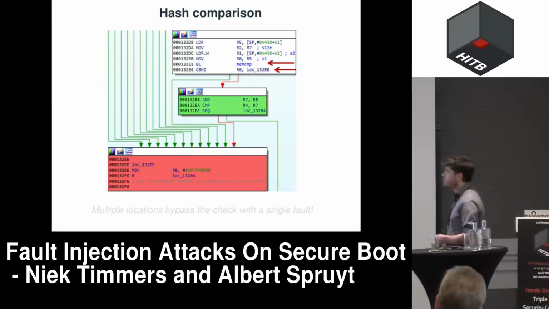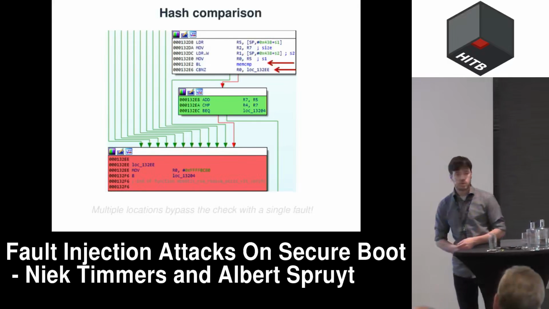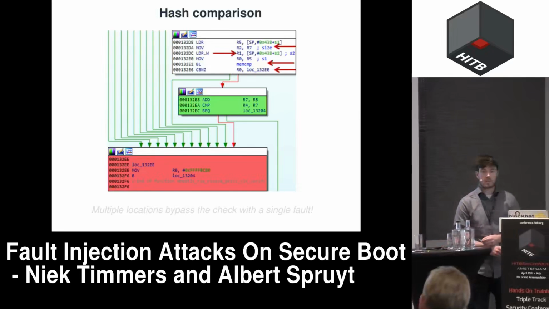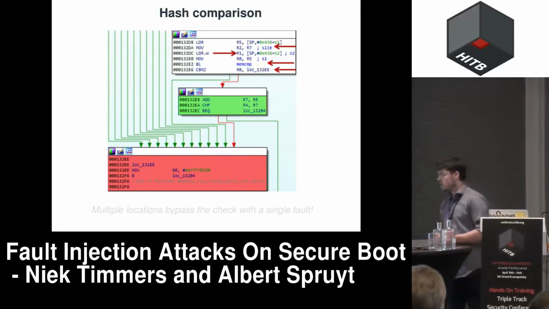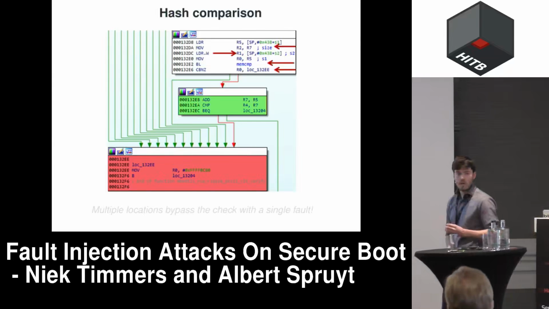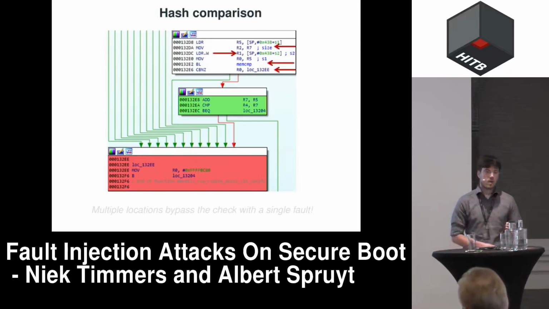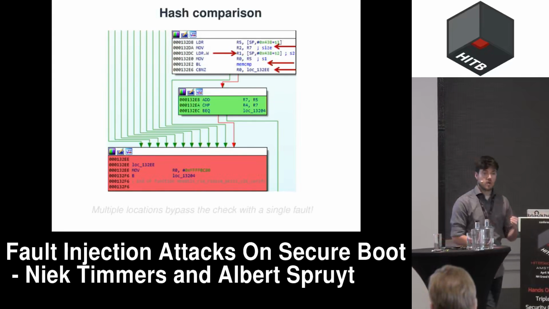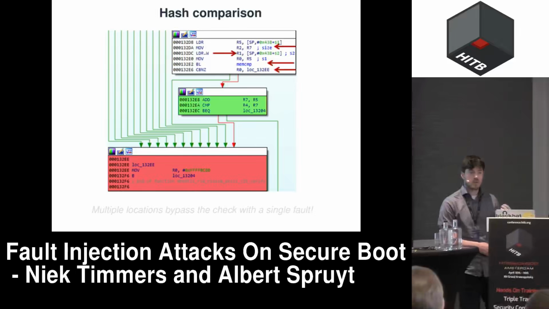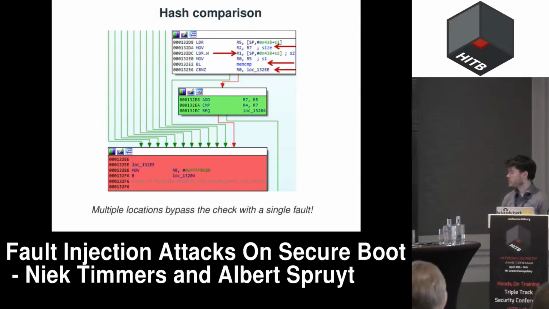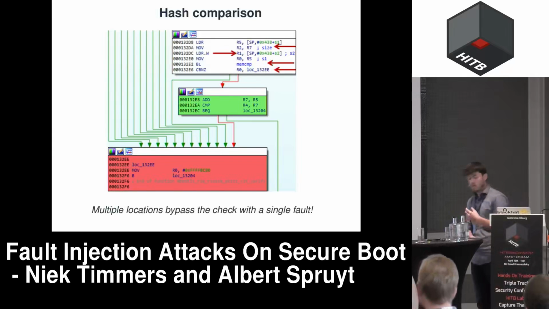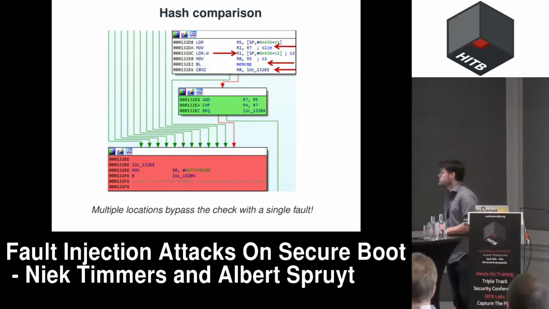Perhaps we could have an influence on the conditional branch instruction. Or perhaps we could do any of a number of other options. And what we see here is that when we have a single line of C code, and when we compile it, we actually get a number of places where a single fault basically renders secure boot ineffective. So there are actually multiple locations where we can bypass this secure boot check using only a single fault.